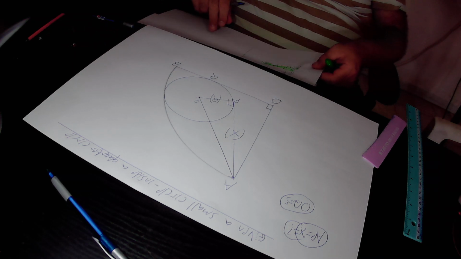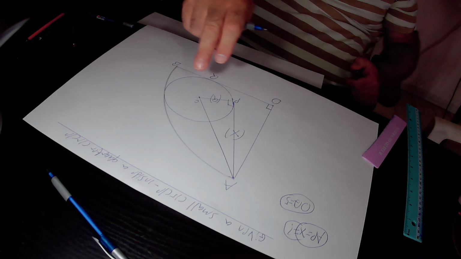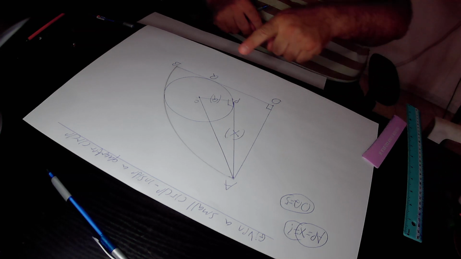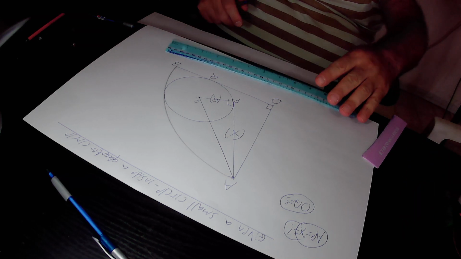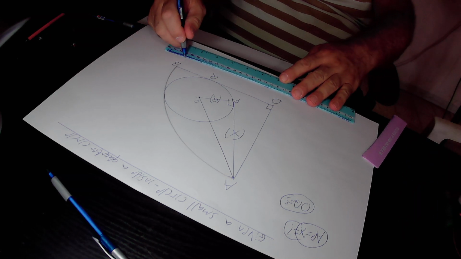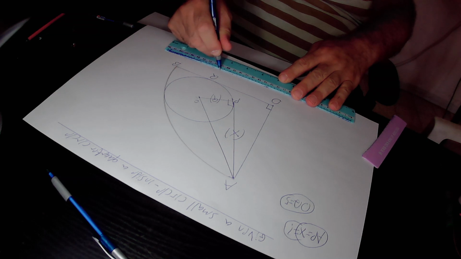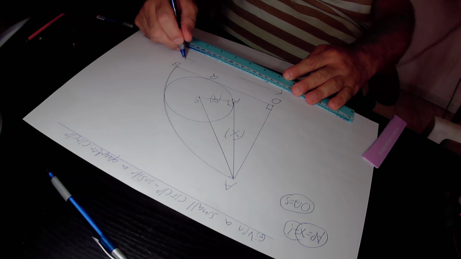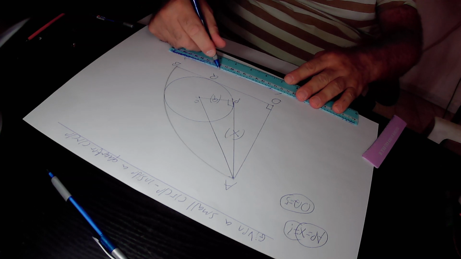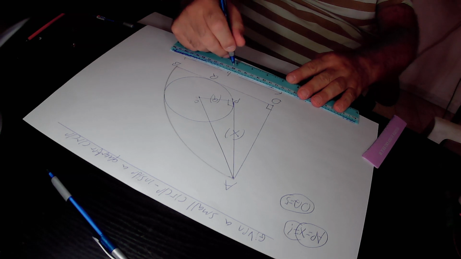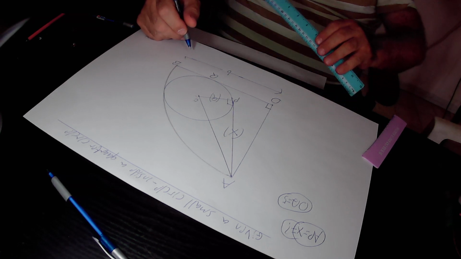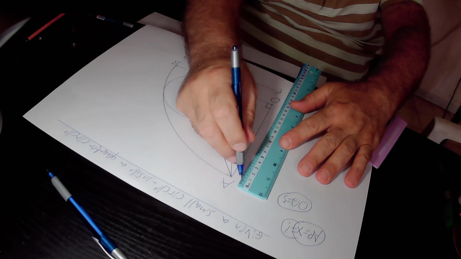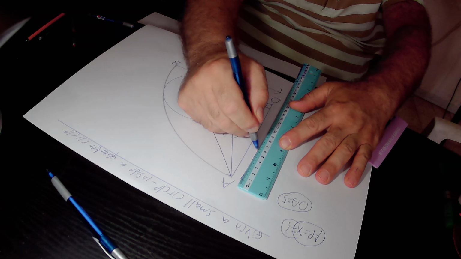In the next step, we define the radius of the big quarter circle as b. So OB is the radius, equal to b. OA is also a radius of this quarter circle, equal to b units in length according to our definition.